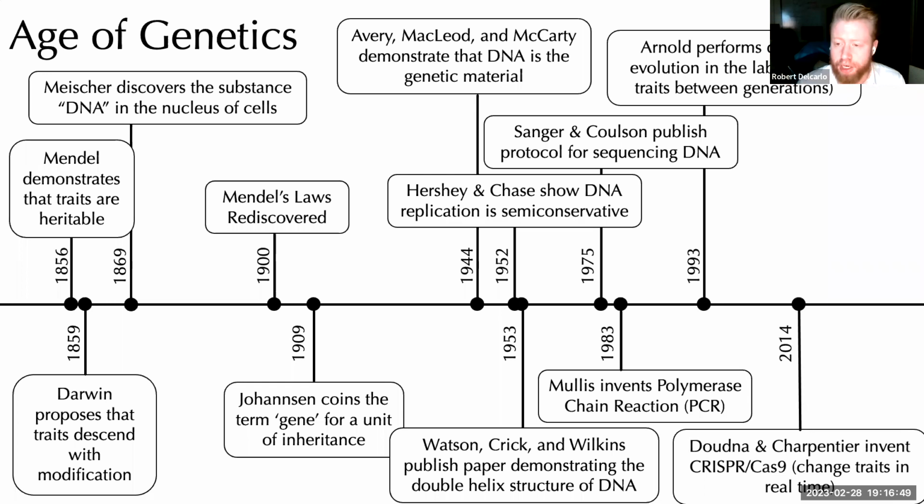That is not between generations, but making changes to a living organism's genetic sequences. Again, there should be a lot of ethical forethought before doing an experiment like that, but it's an extremely powerful tool. And that brings us to today, 2023, 3 years after Doudna and Charpentier won their Nobel Prize.